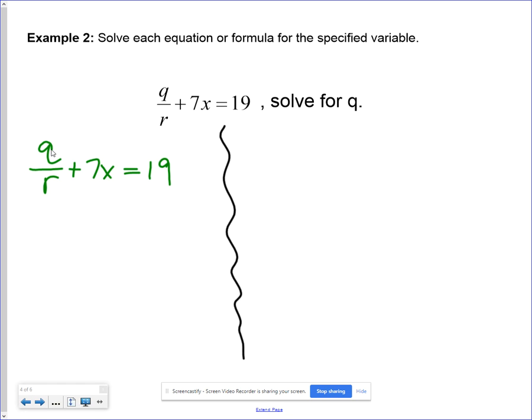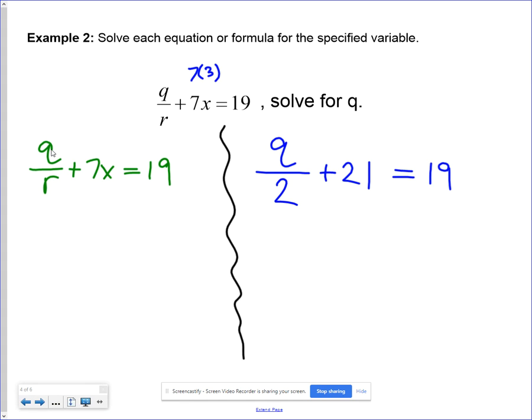Q. So leave Q alone. But let's get rid of the other variables. So let's say R is 2. So let's just plug 2 in for R. Let's say X is 3. So this would be 7 times 3, which is 21, equals 19.